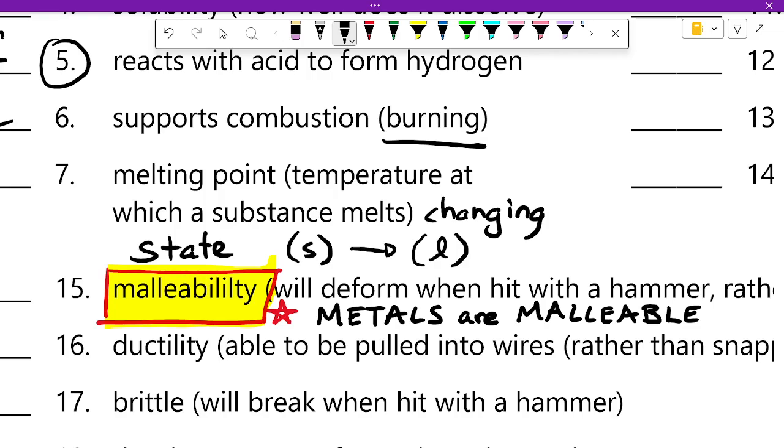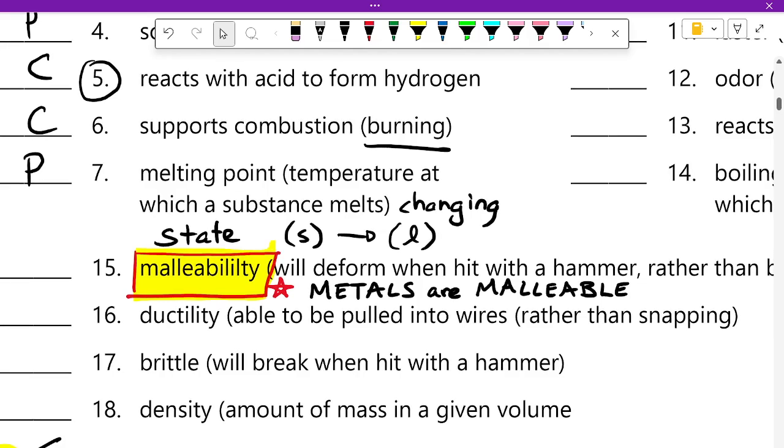Ductility is the ability to be pulled into wires rather than snapping.